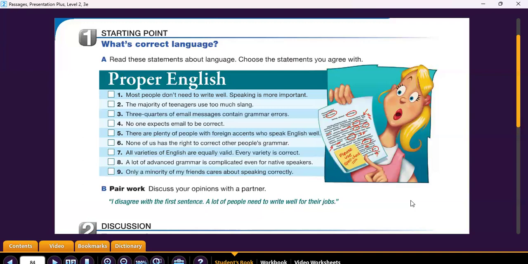Okay, now I have this opinion for some people. Some people think that when speaking English, speaking is the most important. You don't need to know how to write in English because what's important is speaking. So what do you think about that? In my case, I think it's important to me to learn writing because I need to write the word to know how to pronounce it.